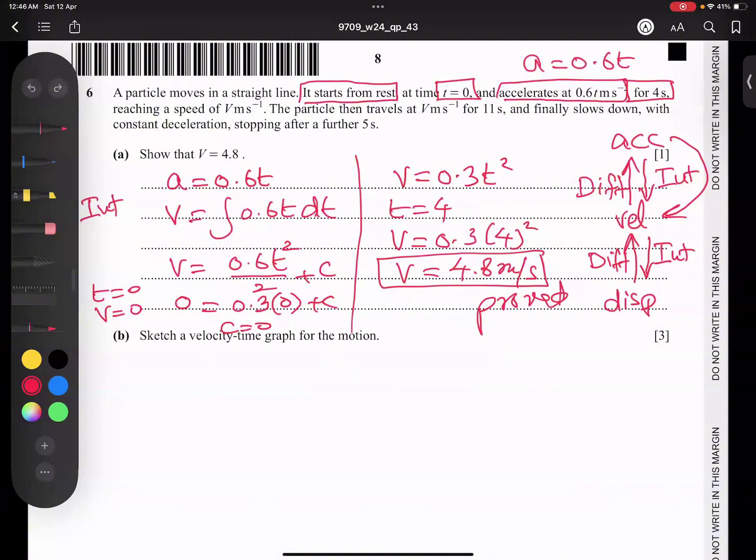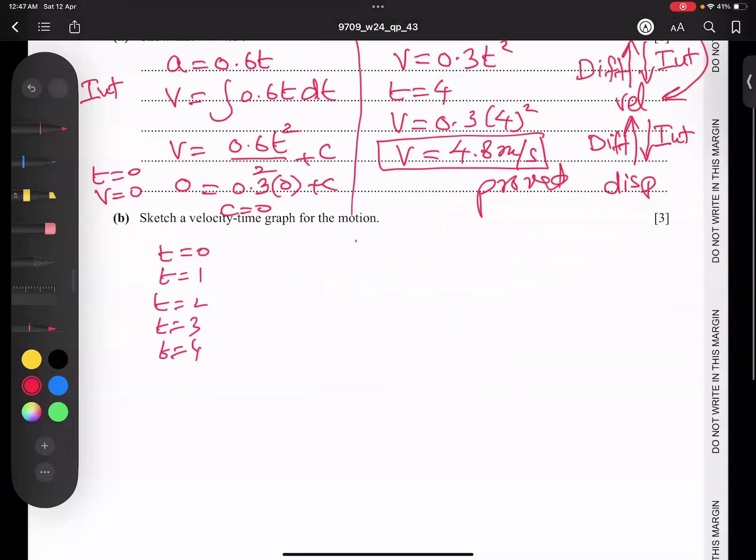So students, because time is 4, starting from rest, I will just plug some rough values into the calculator. If I plug in 0, 1, 2, 3, 4, you see what is happening. So we have two possibilities. Students get confused here.